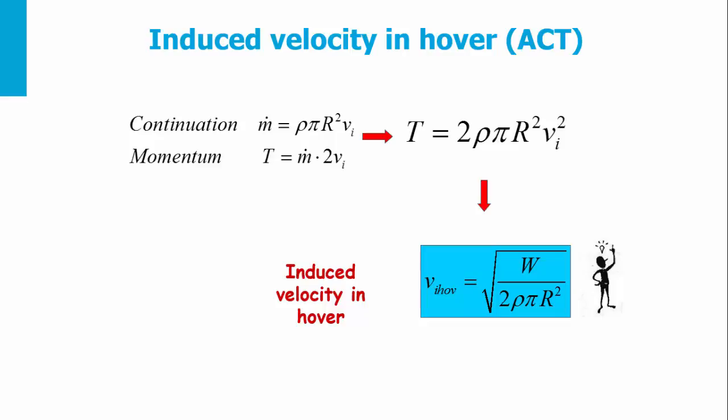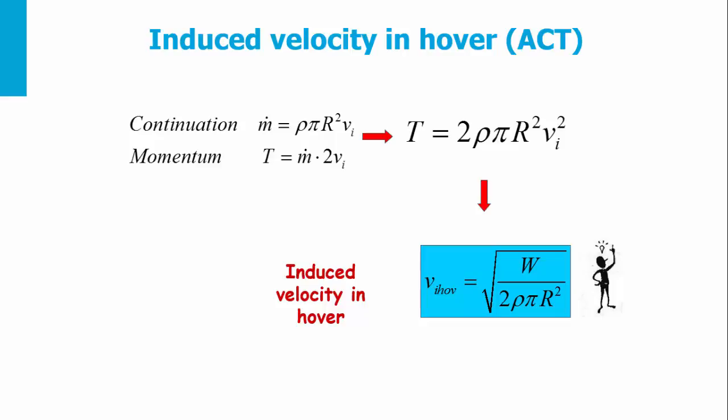From the momentum conservation, the thrust produced on the rotor is the mass flow rate multiplied by twice the induced velocity at the level of the rotor. Substituting this into the thrust force, it results in the expression for the thrust in hover in the actuator disk theory.